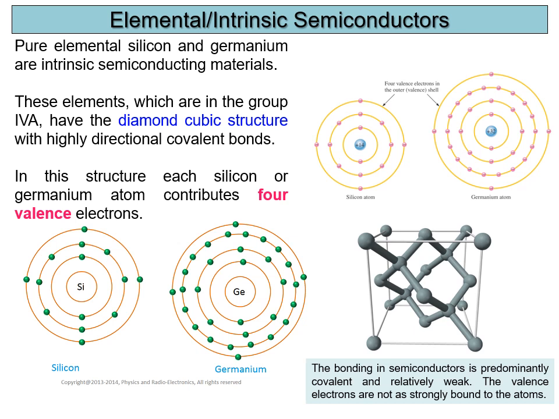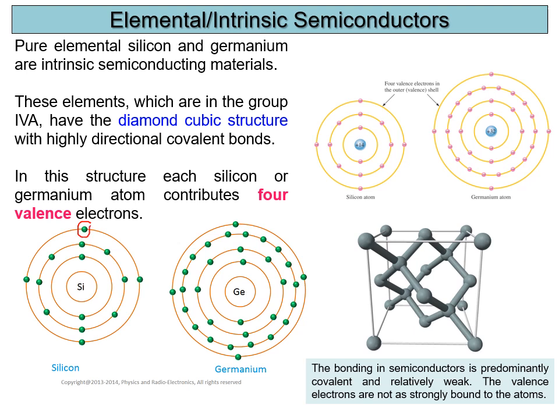Elemental or intrinsic semiconductors. Pure elemental silicon and germanium are intrinsic semiconducting materials. These elements, which are in group 4A, have a diamond cubic structure with highly directional covalent bonds. In this structure, each silicon or germanium atom contributes 4 valence electrons. This is the figure of atomic structure of silicon.